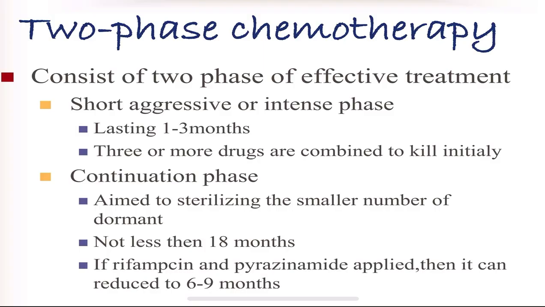And in this phase, the duration of the treatment is not less than 18 months. So in the standard anti-tuberculous therapy, the second phase is not less than 18 months to achieve the complete sterilization of the bacilli.